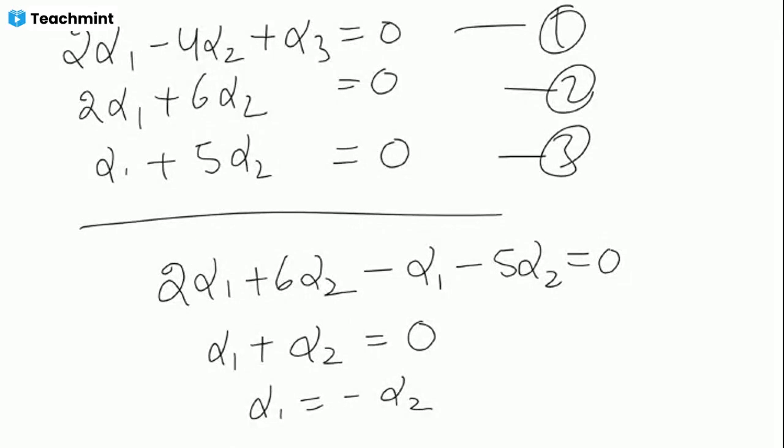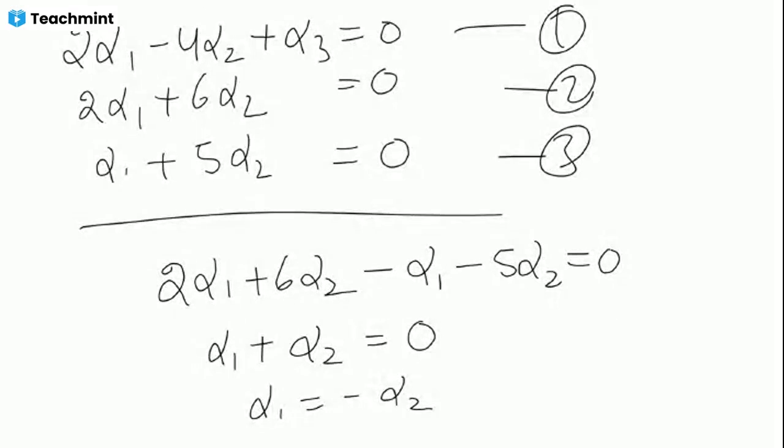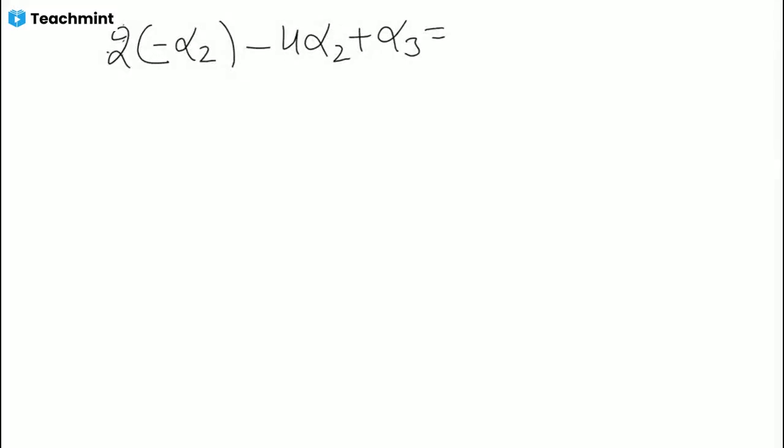Instead of alpha 1 we can take minus alpha 2. Let us put it. So 2 times minus alpha 2, minus 4 alpha 2, plus alpha 3 is equal to 0.